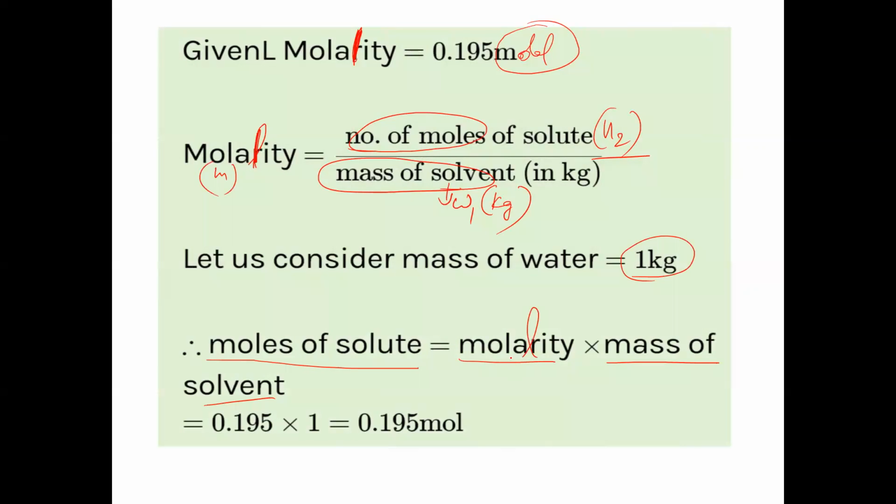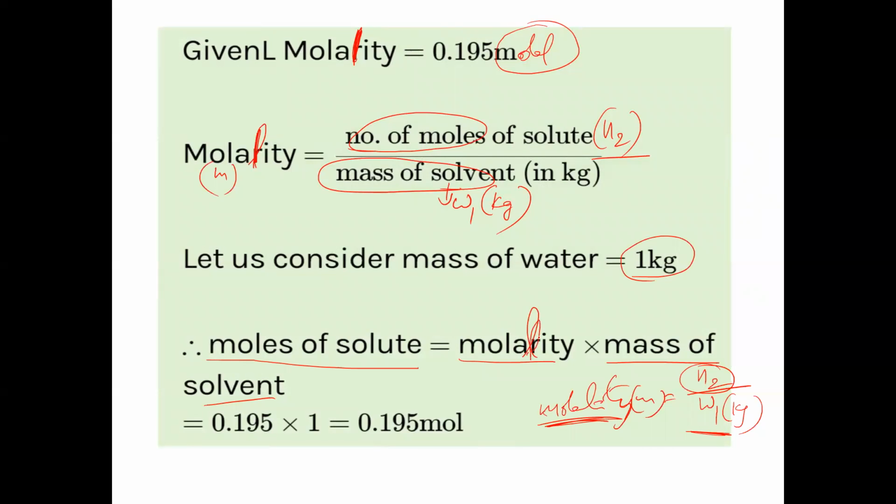Molality equals the number of moles of solute divided by the mass of solvent in kg. That is the molality formula. From this, the number of moles of solute equals molality times the weight of solvent.